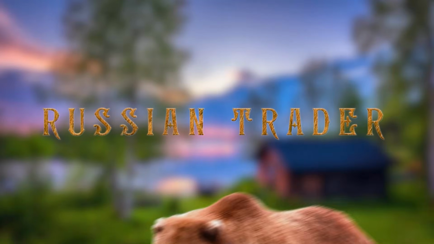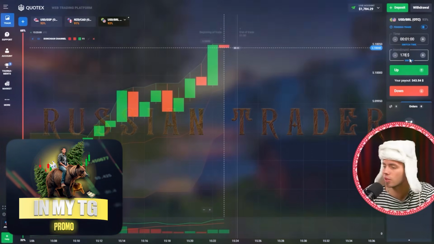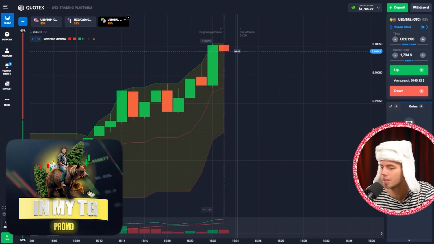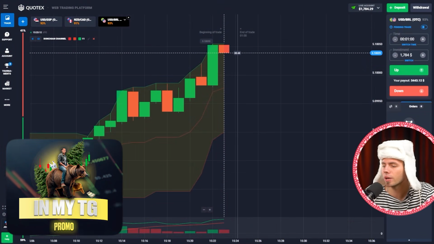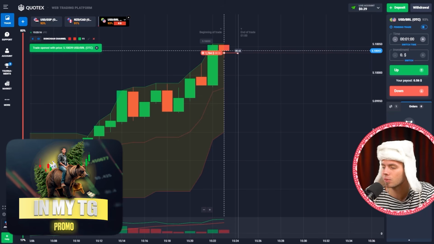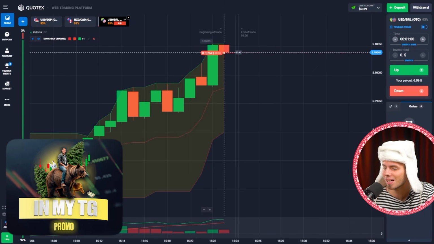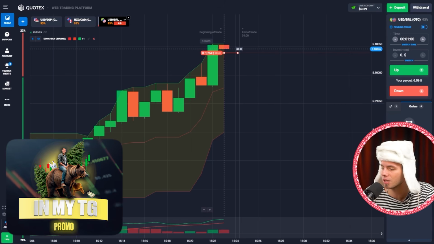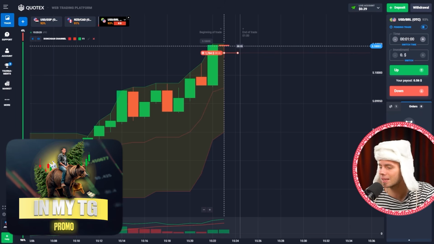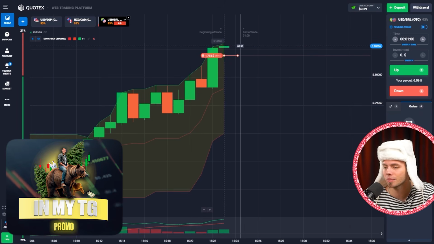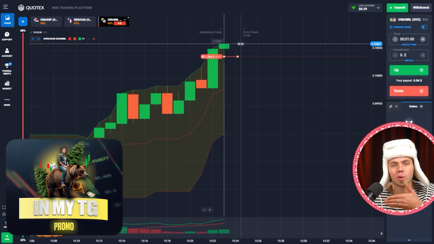Okay, let's move on to the next trade. Let's set the amount 1784, and right now we are opening a sell trade over here. What can I say? Guys, here is another situation. Here the asset is in an overbought condition already, and we expect a further decline right now, so we will see in the nearest future the option going down.